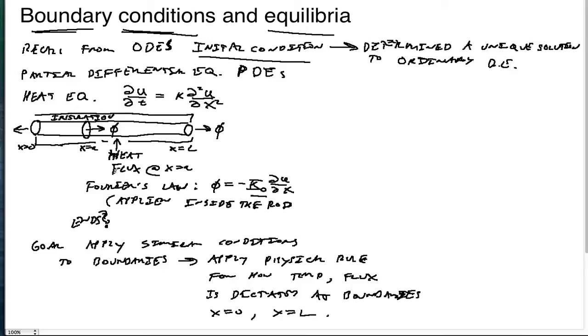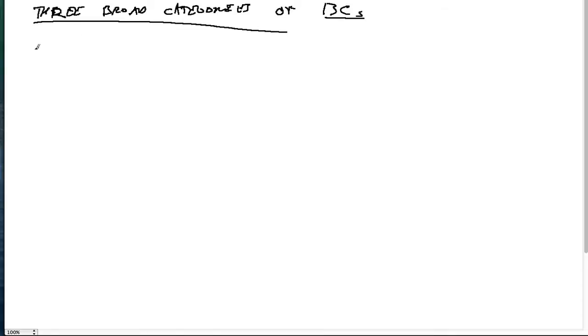Okay, so let's think of a few examples here. So in fact, we're going to go over 3 broad categories of what we call boundary conditions, BCs. Okay, so the first one is what we're going to call a fixed temperature boundary condition.